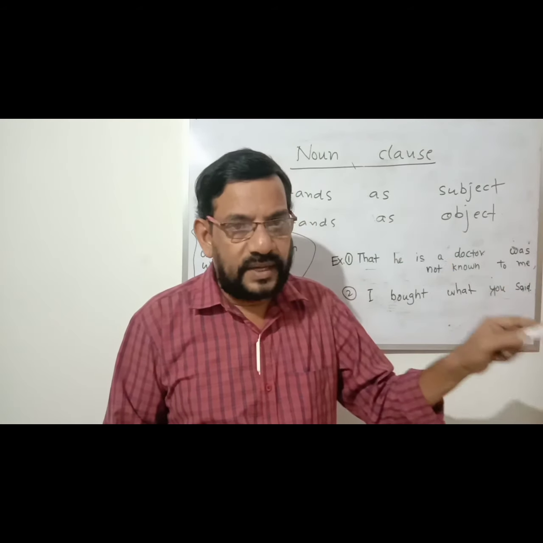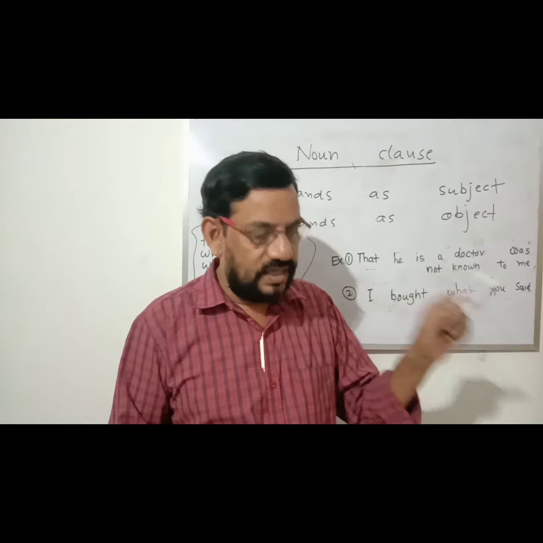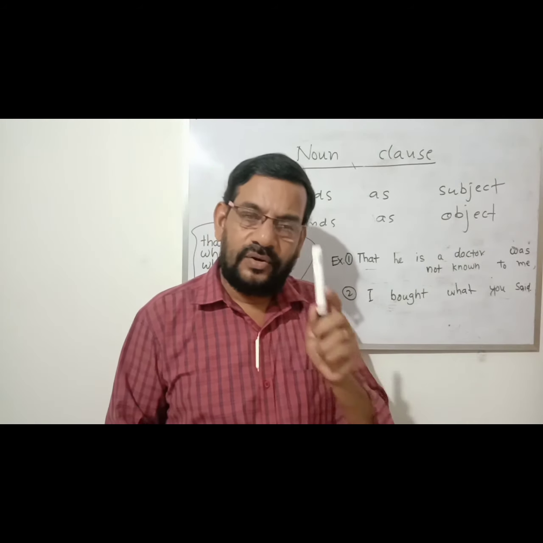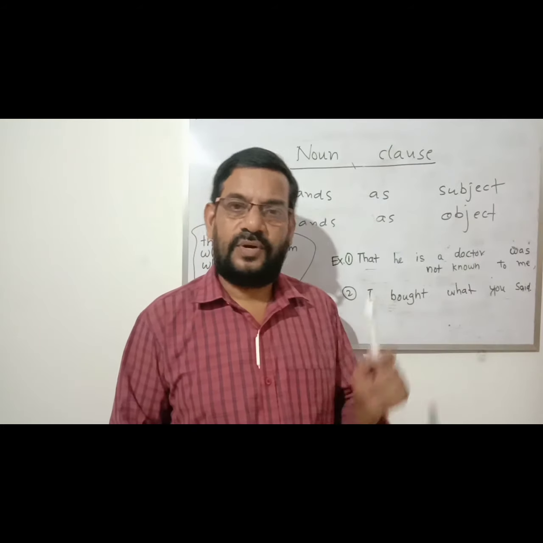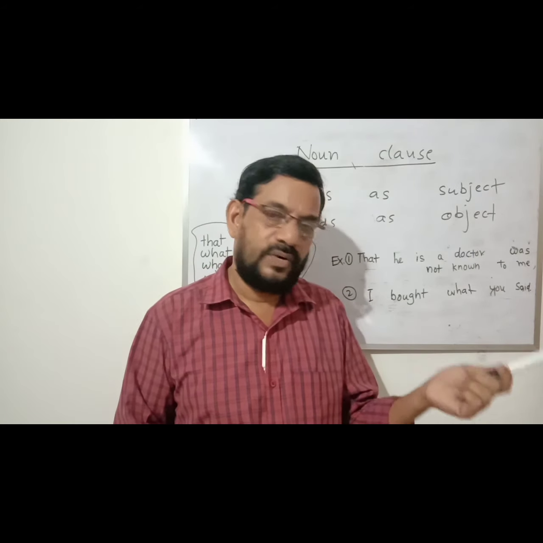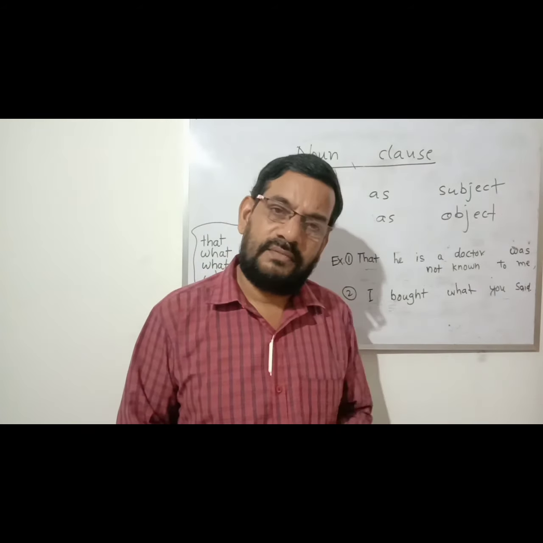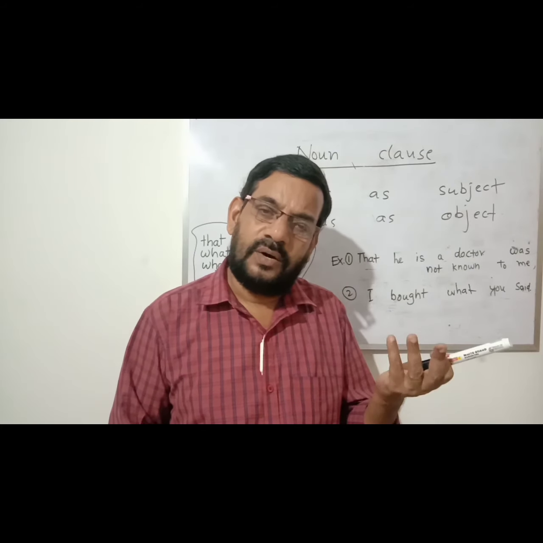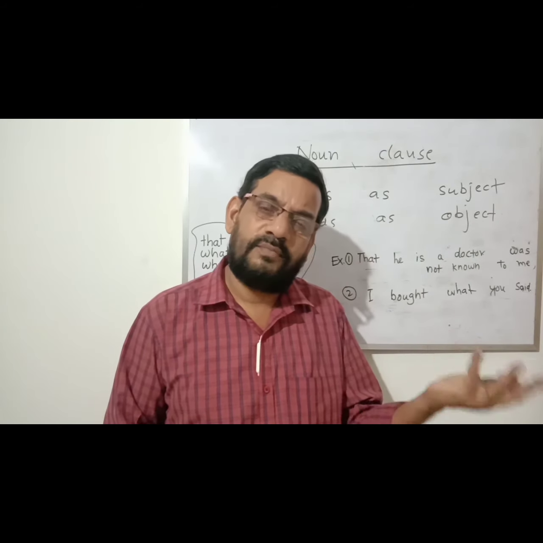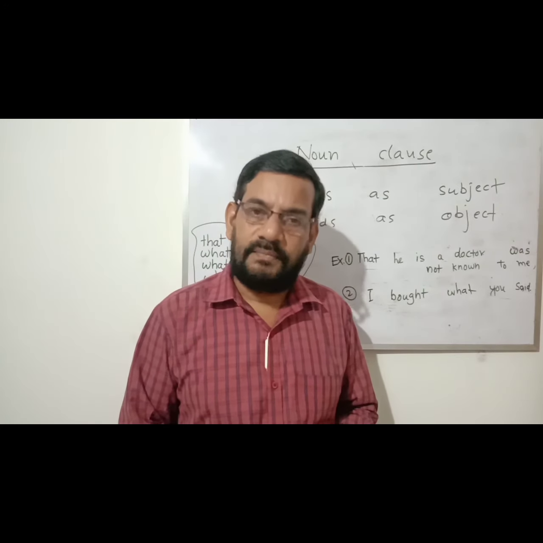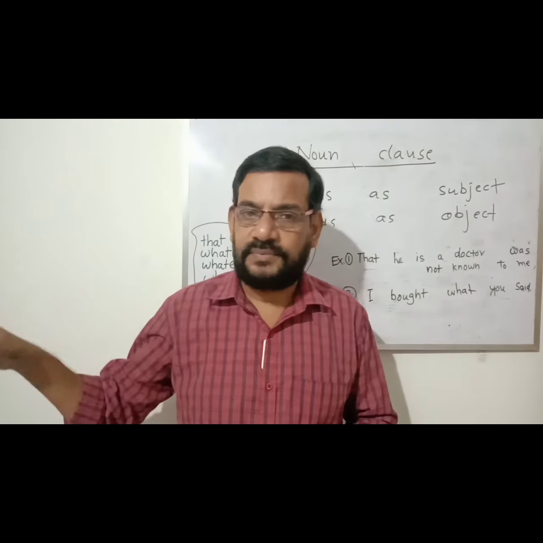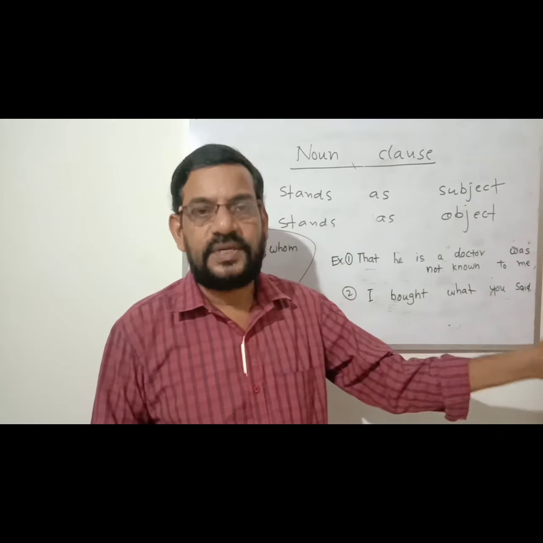So a noun is placed there. So a noun can come in an object, so a noun clause also can come. If a noun can come, a noun clause also can come. Why? Because a noun clause is a noun itself in the form of a clause. So a noun clause can be placed in a subject or in an object.